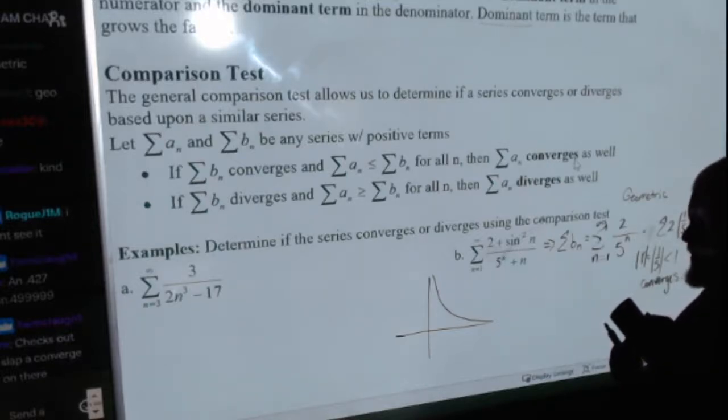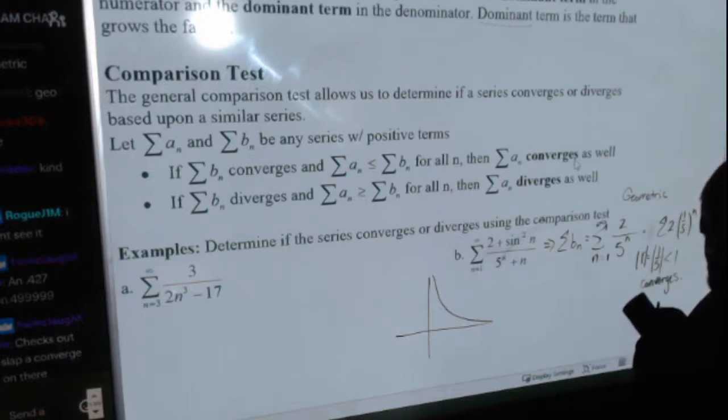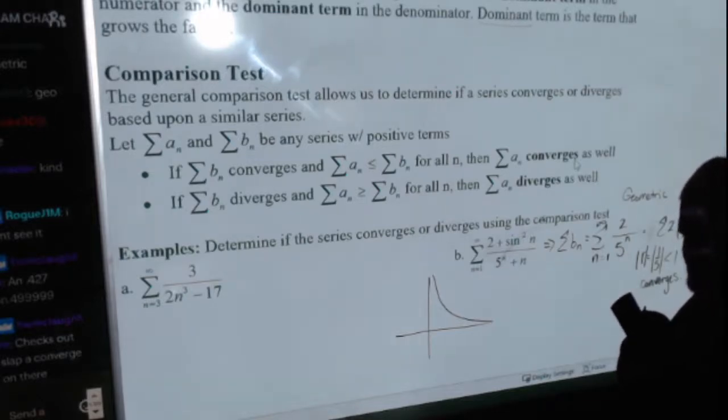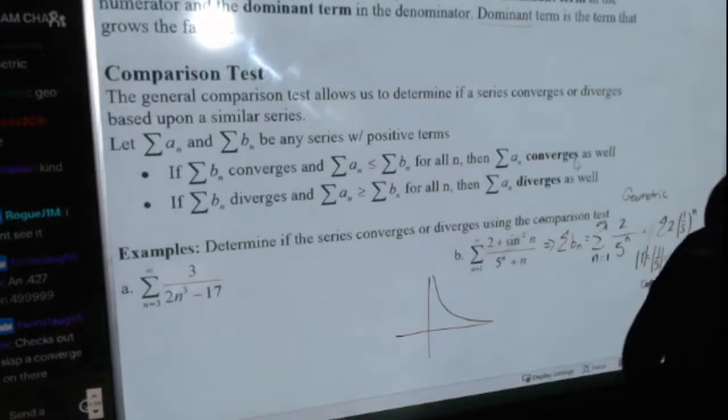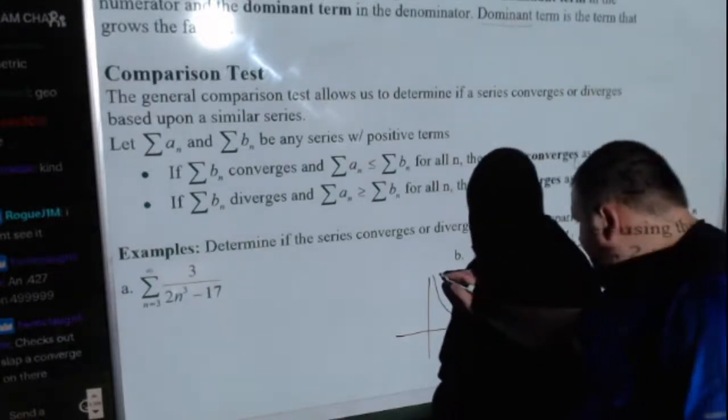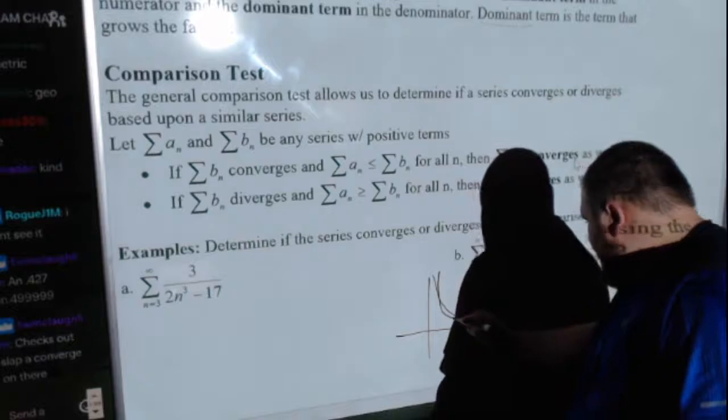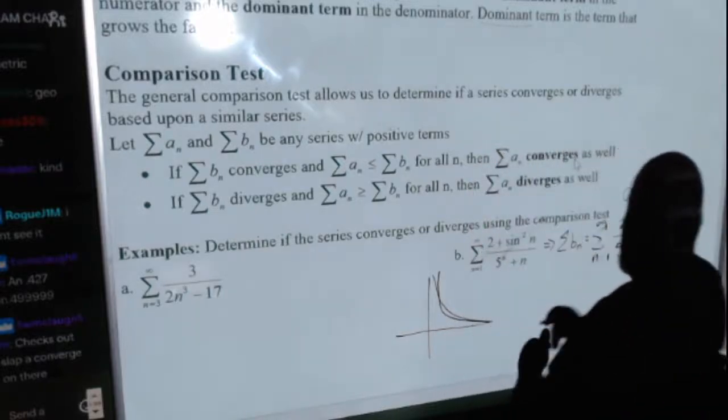I just did the graph twice. Hold on a second. Alright, so there's a sub n. Okay, so b sub n does this. It comes in above, goes below, and then they kind of start to level out.